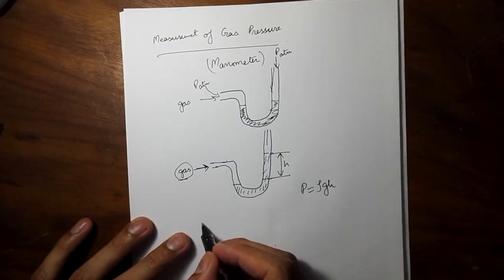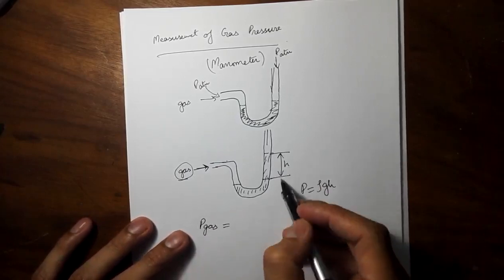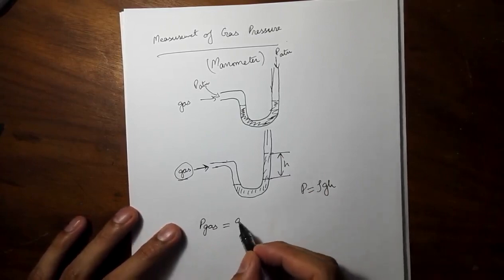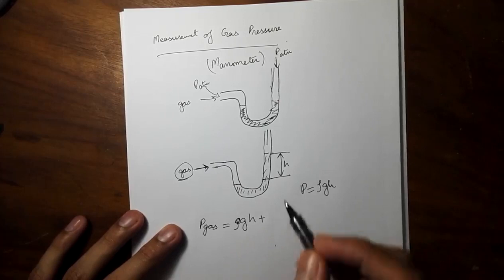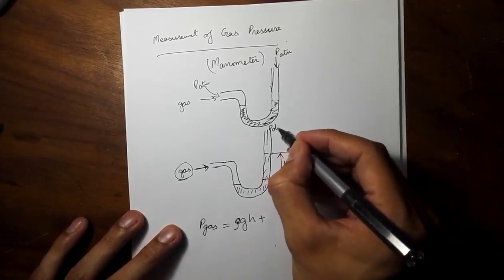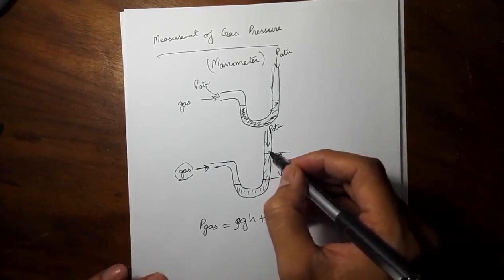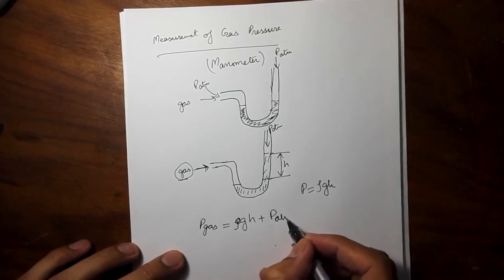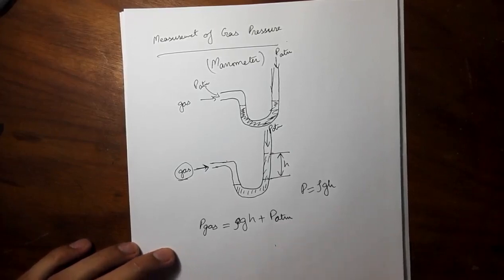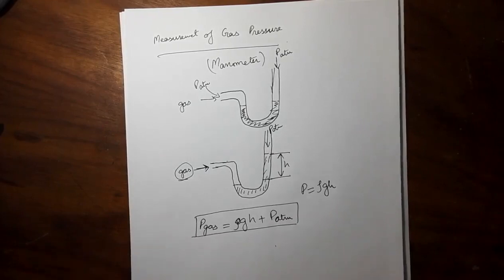So pressure of gas will be equal to this rise in length, rho g h, plus this atmospheric pressure, because this end is open, so atmospheric pressure will also be acting on this end. Rho g h plus P atmospheric. So by using this formula you can find out the pressure of a gas using the instrument called a manometer.